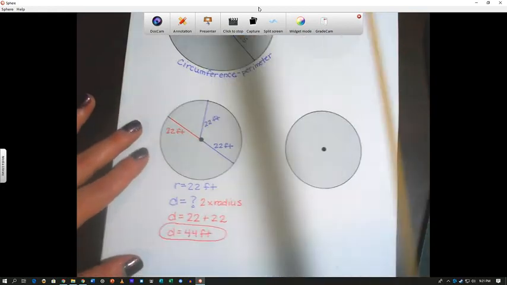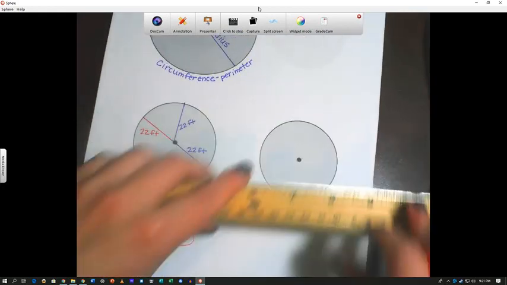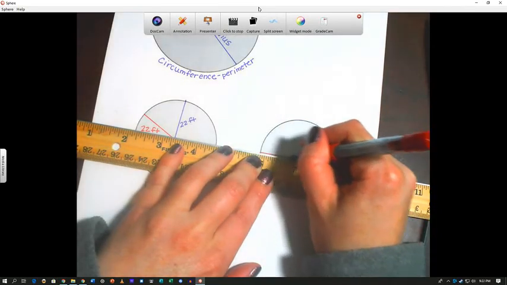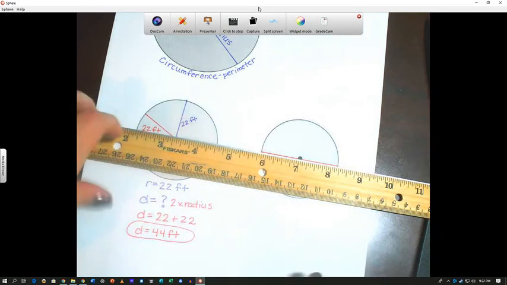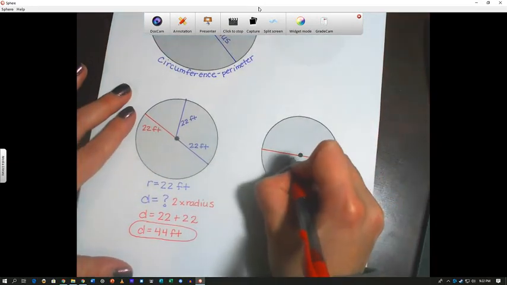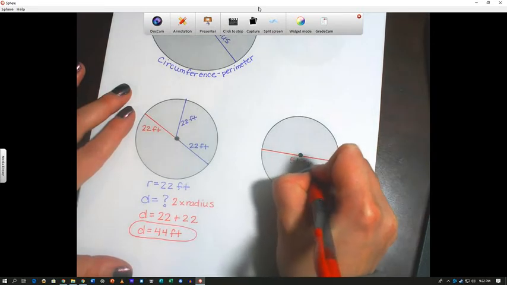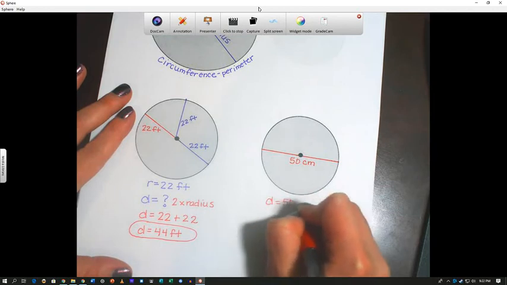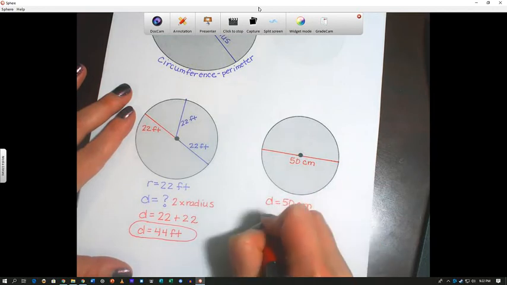Well, now, what if I give you the length of the diameter? So if I tell you that the diameter is 50 centimeters all the way through that circle, can you tell me what the radius would be?